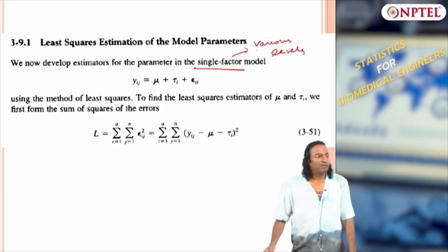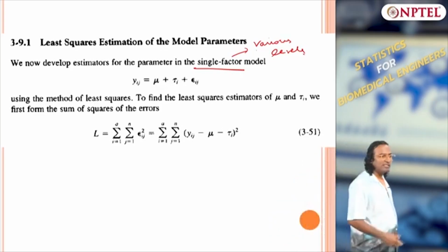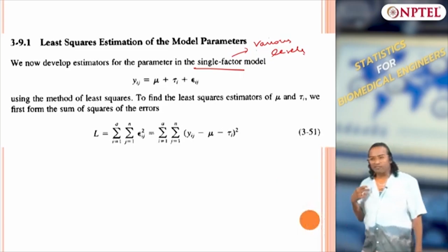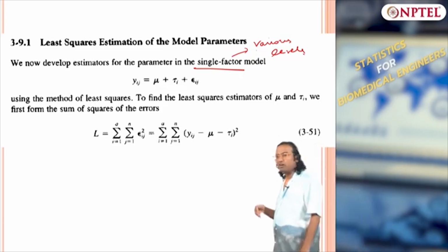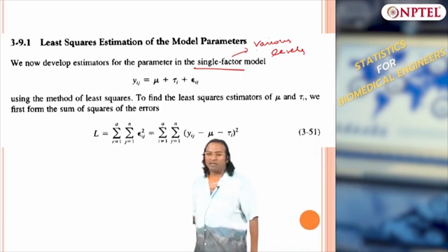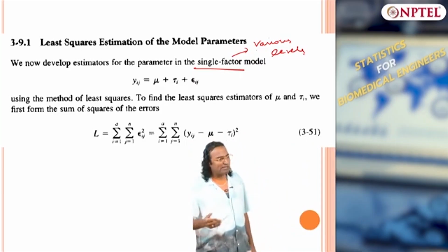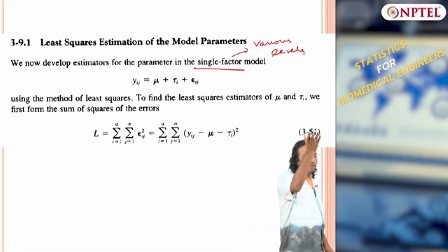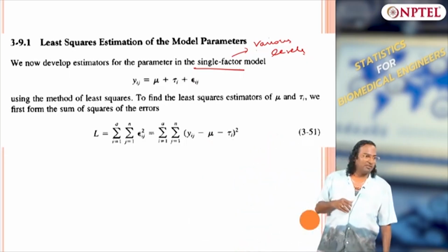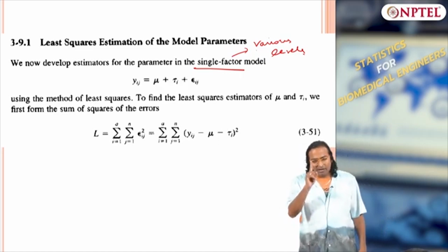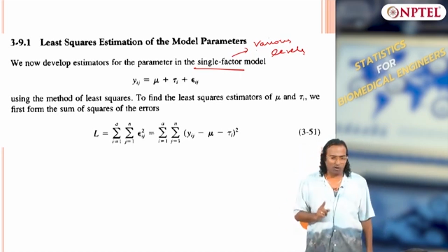There is only one factor at various levels, that is tau, the factor which we are interested in. This tau could be your treatment dosage levels etc. Multiple dosages could be your factor and levels could be your various treatment levels, okay. So, we are interested only in one factor, single factor model, okay.